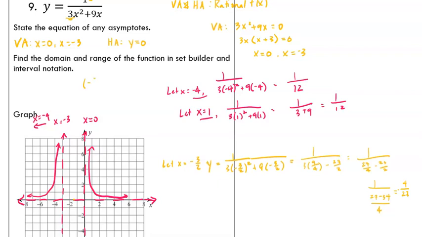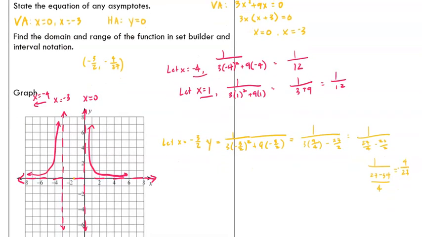So that was -3/2, comma, -4/27. Okay, so it's going to be somewhere right there. I think -4/27 is like -0.148.